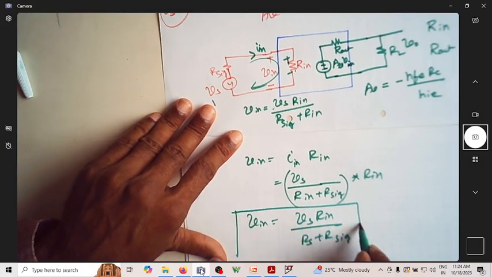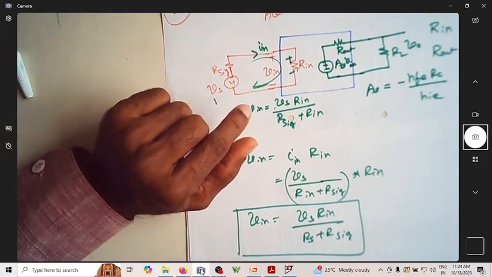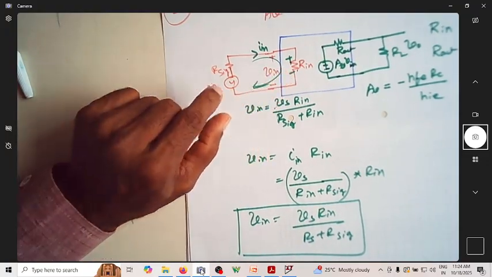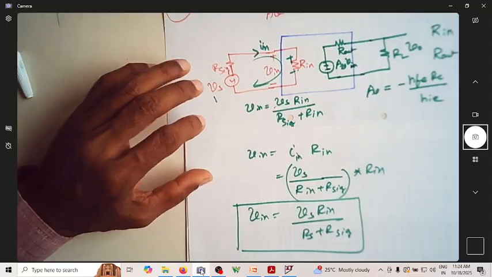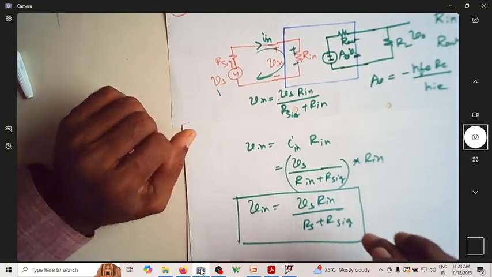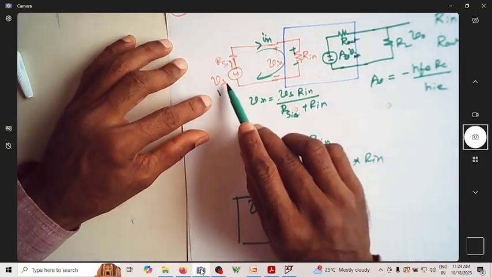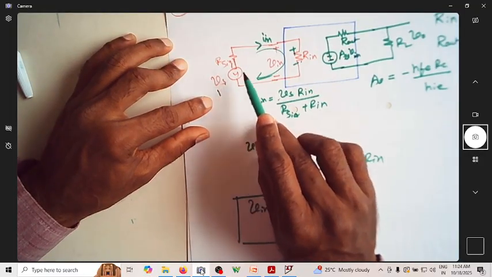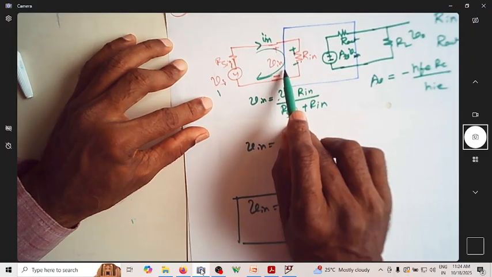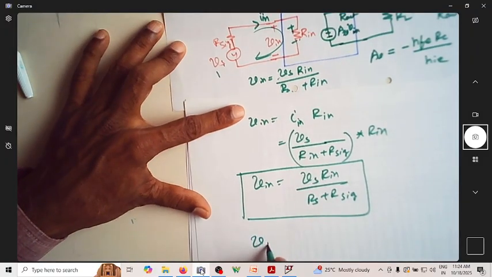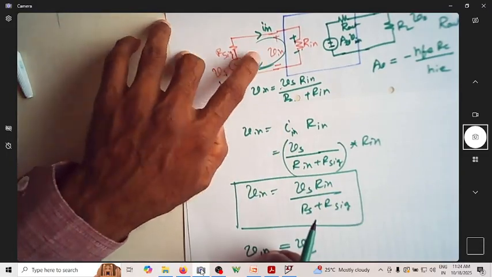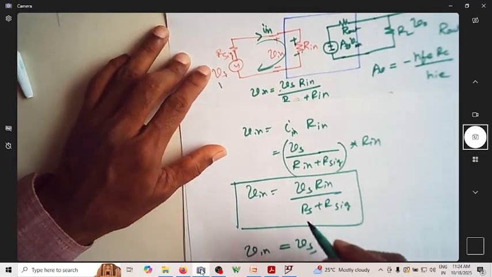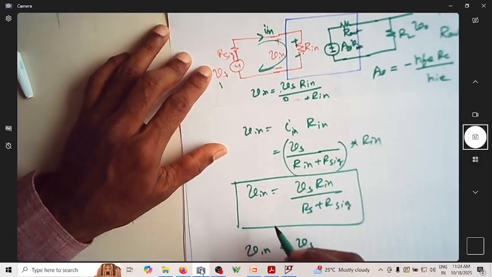So this is the expression for the input voltage that is reaching the amplifier upon having some source voltage and an associated resistance. Now, what should actually happen in ideal cases? The entire source voltage should reach the input. So the requirement is V in should be equal to Vs. That means whatever you apply here, the entire thing should reach there. When is that possible? There are two conditions.